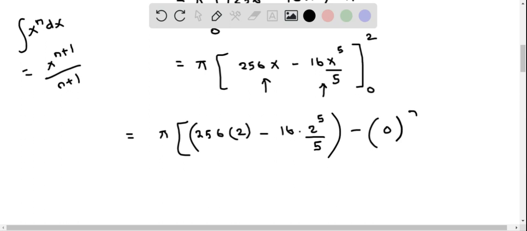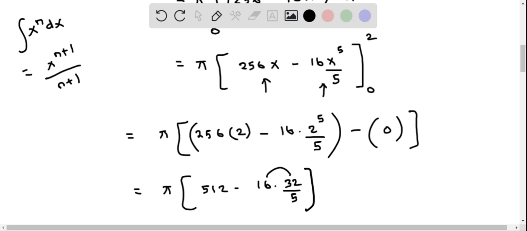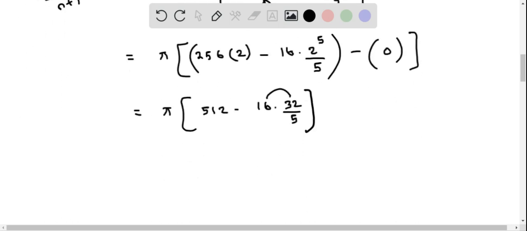So it is simply 0. Now let's evaluate this. So this gives pi times 256 times 2, which is 512, minus 16 times 2 to the power 5, which is 32, divided by 5, and 16 times 32 is 512, which we will put in the next step.